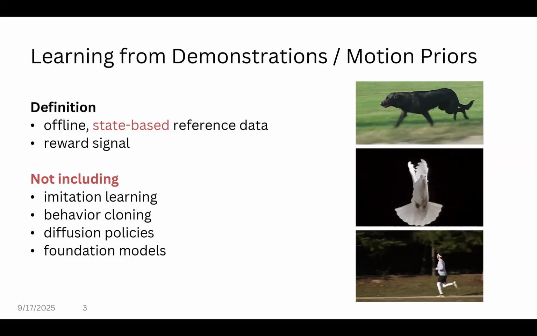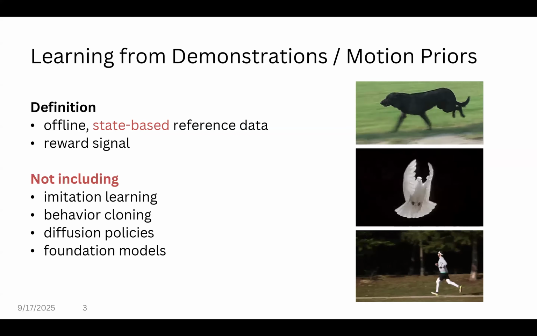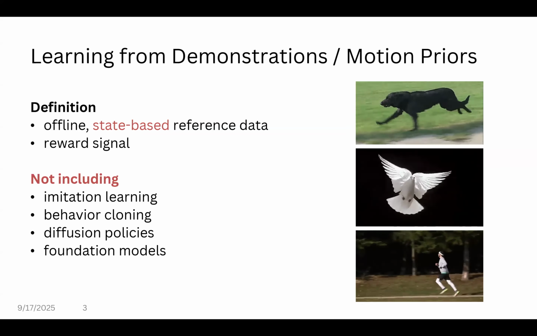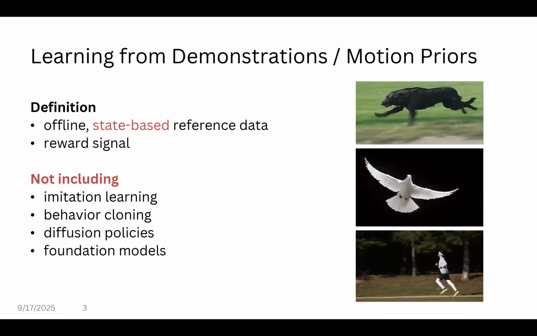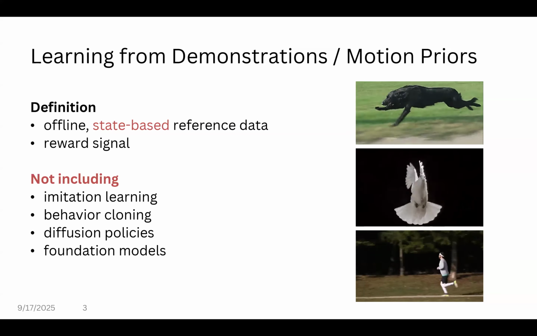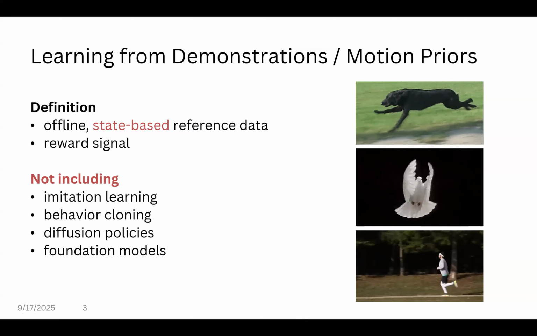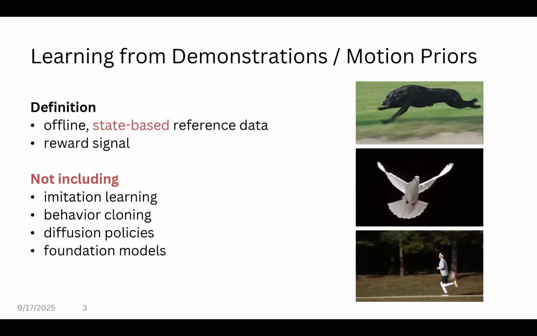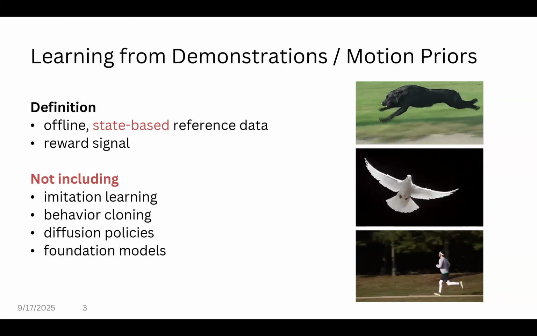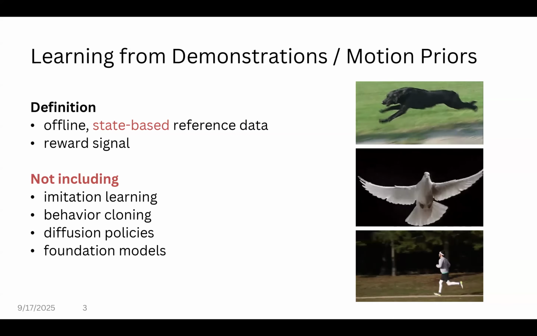So we're not talking about that. This also rules out diffusion policies doing paper folding and laundry folding, and robotic foundation models, where the expert actions are normally just the end effector positions or poses. So we're not talking about those.